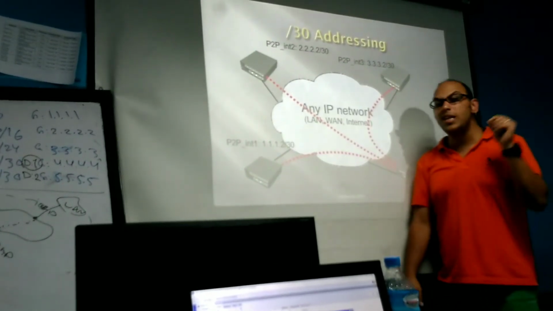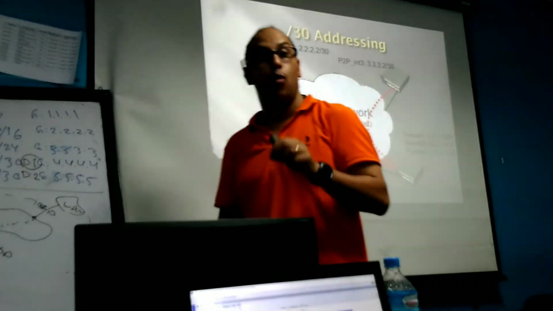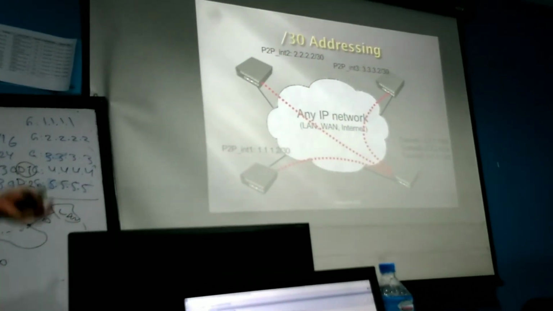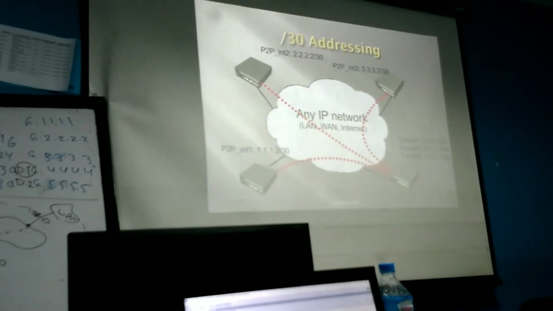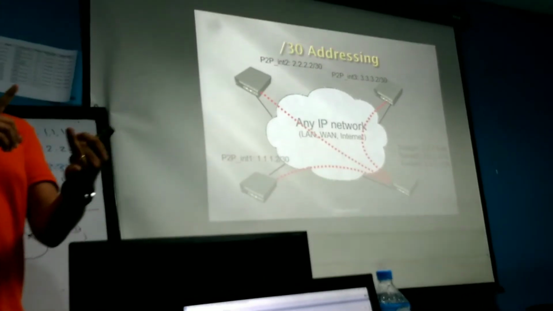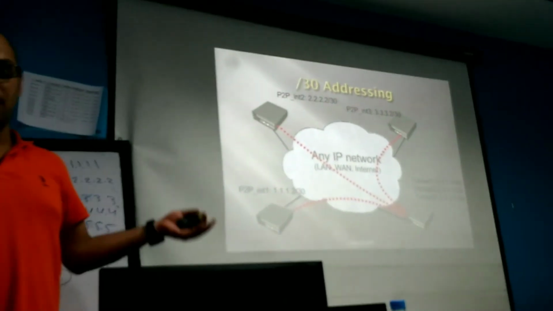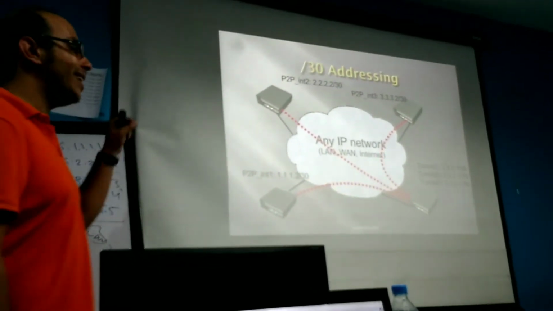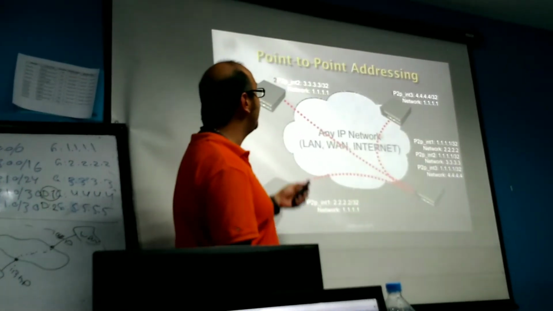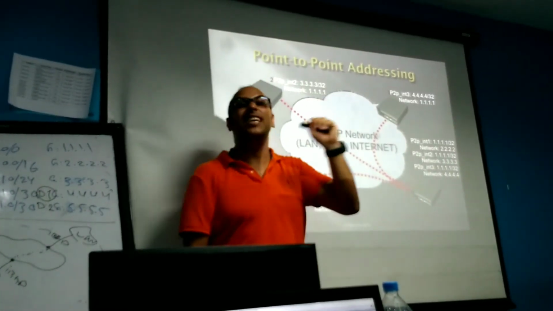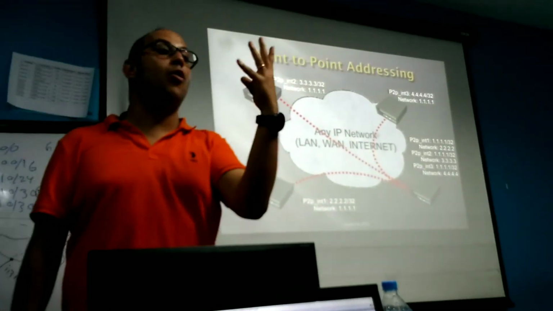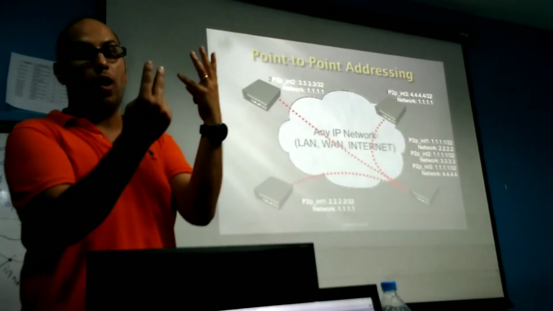But only in a point-to-point link. It could be wireless point-to-point, Ethernet point-to-point, fiber, any point-to-point. Anything like PPP, EoIP, VPNs are also point-to-point. Only in point-to-point links can you use /32 single IP, to not waste 4 IP addresses just for 2 hosts.